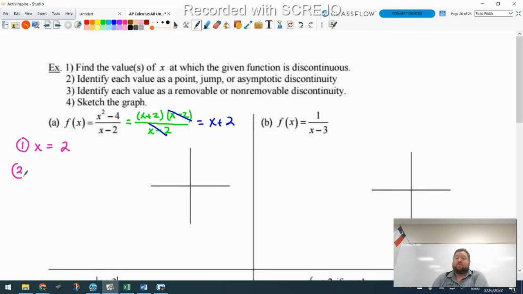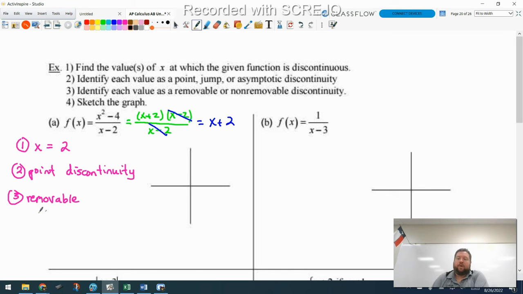Since we crossed it out, you should remember that that causes a hole in the graph, and a hole is a point discontinuity. A point discontinuity is the only type that is removable.